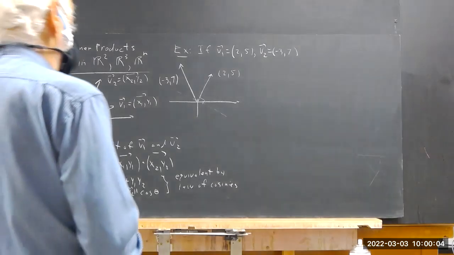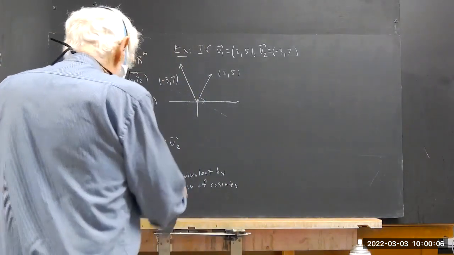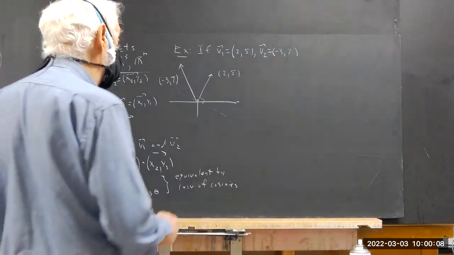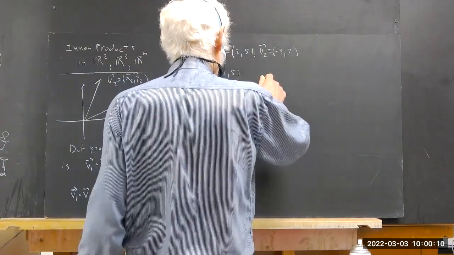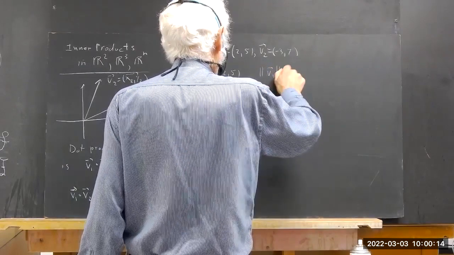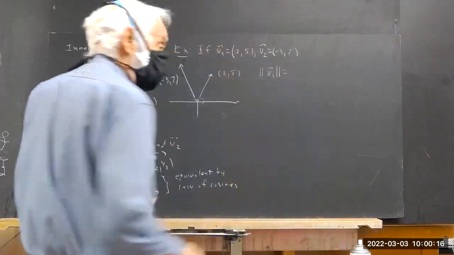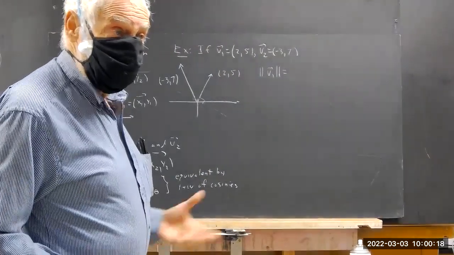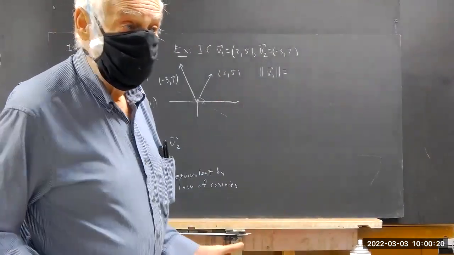Okay, so let's just see what the angle is. According to this, the magnitude of V1 is just how long the vector is, right? So that's just the Pythagorean theorem.